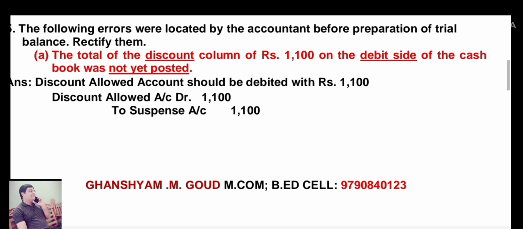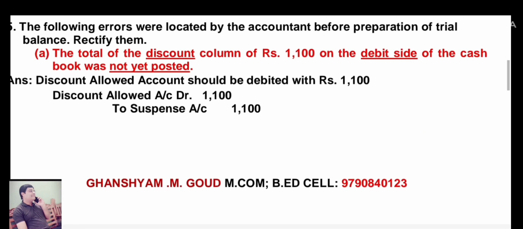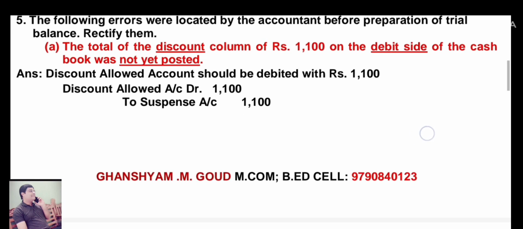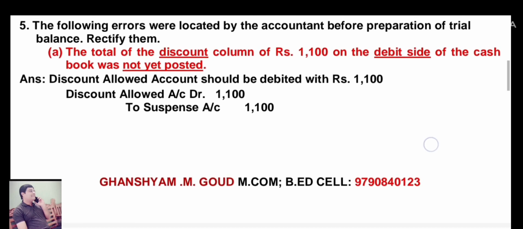Discount debit means discount allowed. If it is given discount credit, means discount received. So debit side means discount allowed. Discount allowed is a debit balance. So you have to write the original entry if it is not yet posted or under cost or less.